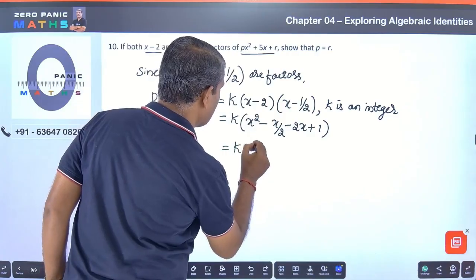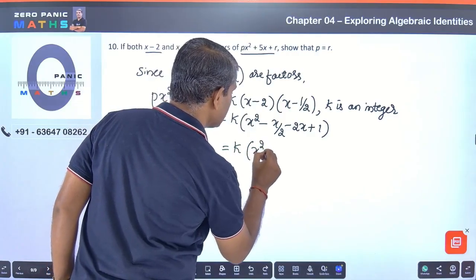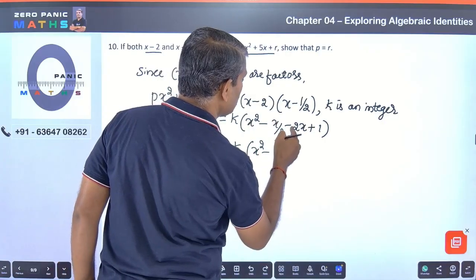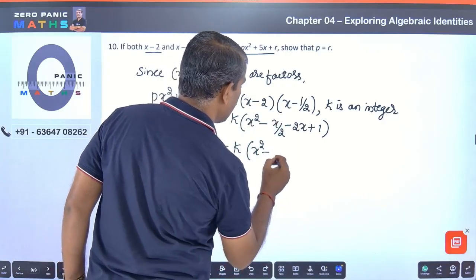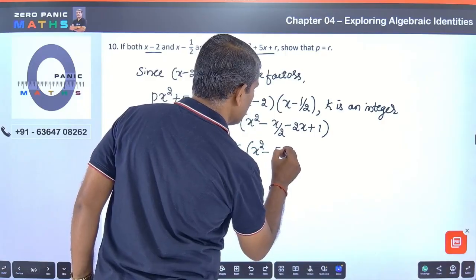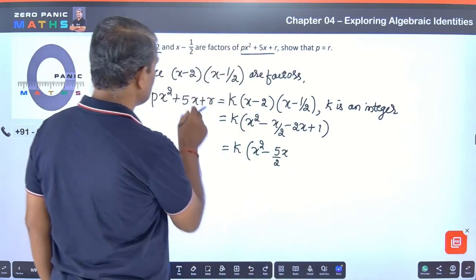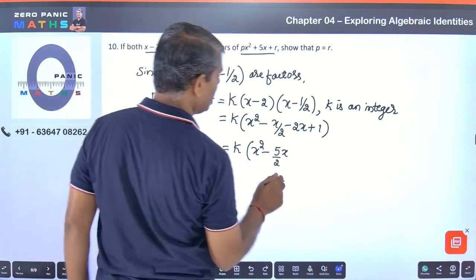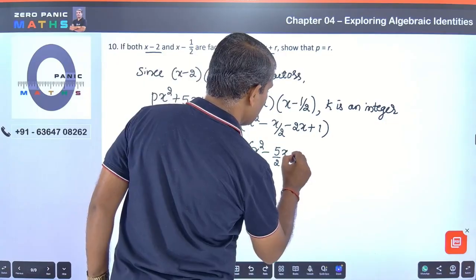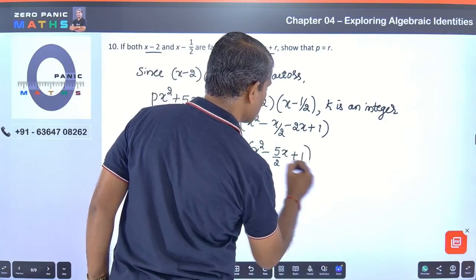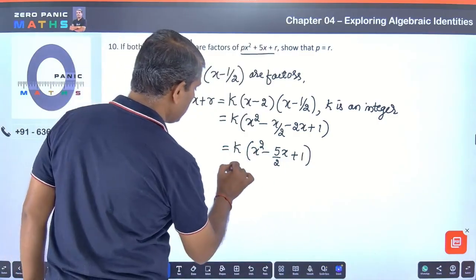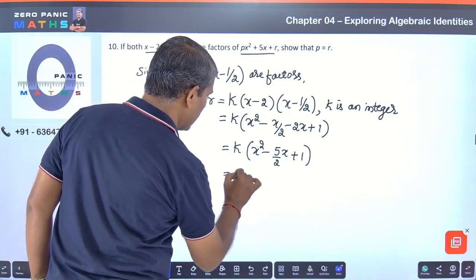This is equal to k multiplied by x square minus x by 2 and minus 2x, that will be minus 5x divided by 2, or you can say 5 by 2 x, so that it matches with the x term here. Plus 1, that is what remains. Let us multiply k also to all the terms.